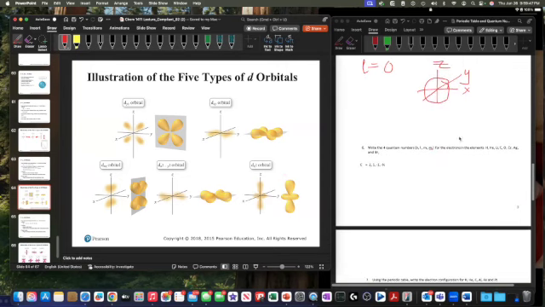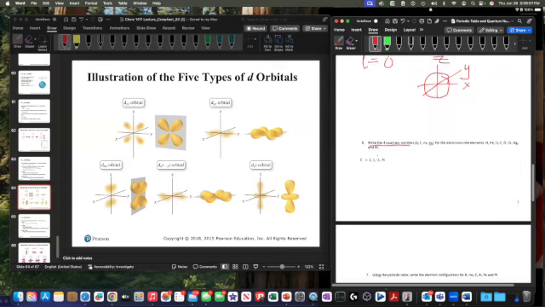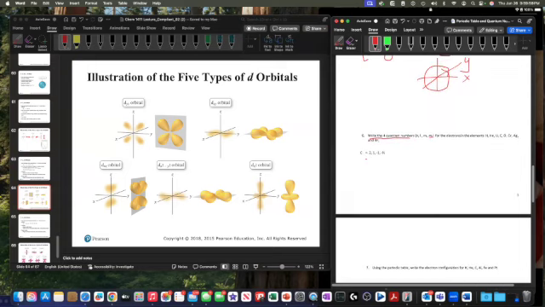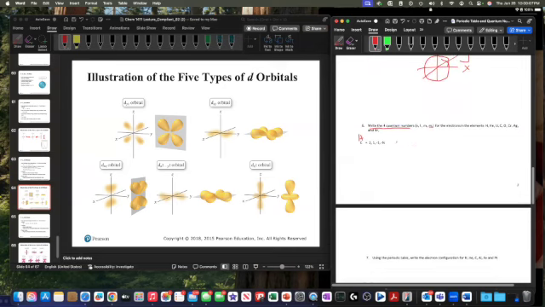Number 6 here is saying write the 4 quantum numbers in the order n, l, m sub l, m sub s for the following elements, right? The example I gave you guys here was carbon. So you want to start, of course, with hydrogen and helium. Let me work on it right here.